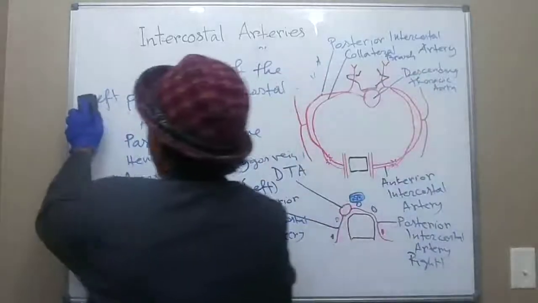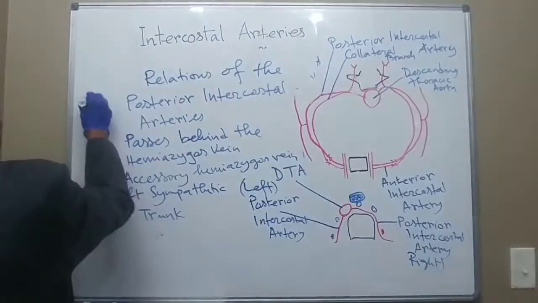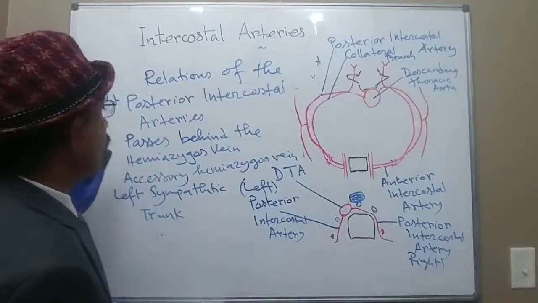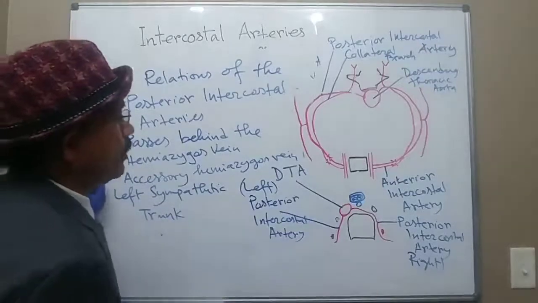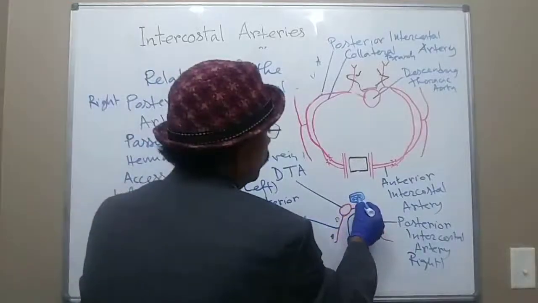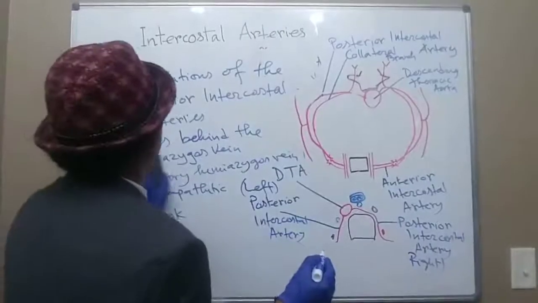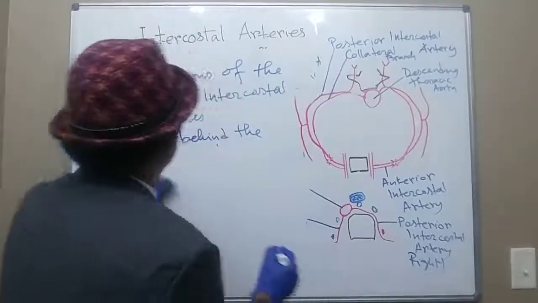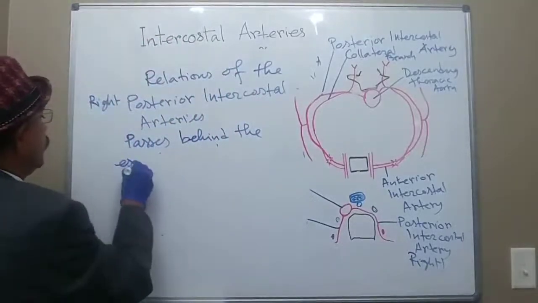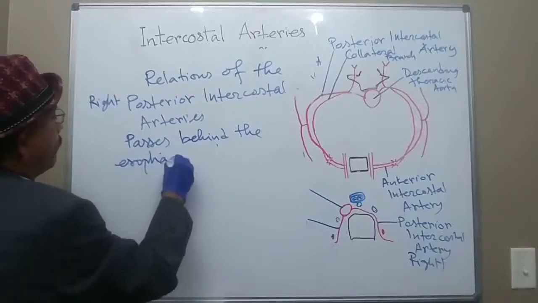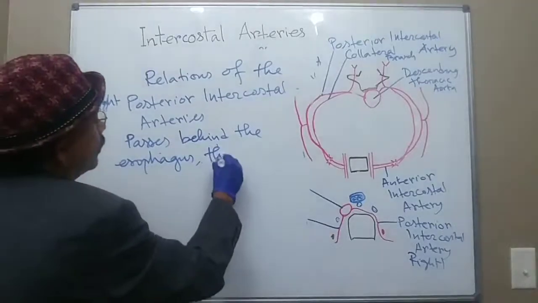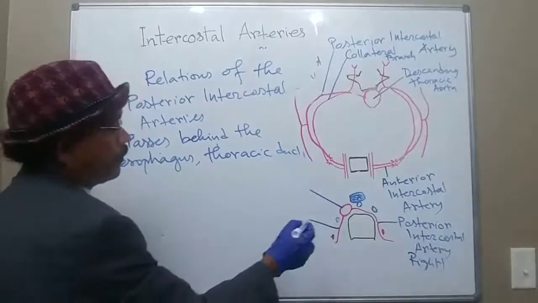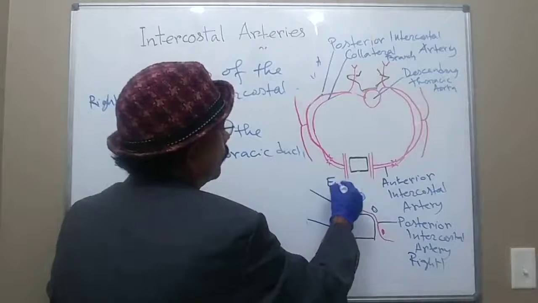If you just go to the right posterior intercostal artery, then how will it differ? Right posterior intercostal artery passes behind what? Passes behind the esophagus and thoracic duct. Okay, this is esophagus.